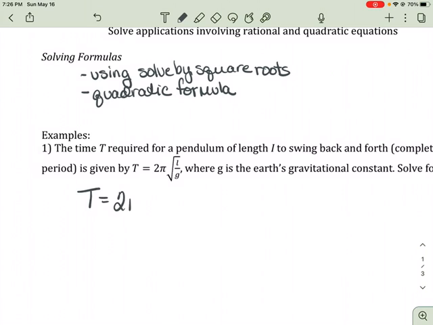So t equals 2 pi square root of L over g. There's a couple of different ways we can start. We could divide by 2 pi, which I think might be the easiest way to go, or square both sides first. I personally like to get the radical by itself, so I'm going to divide both sides by 2 pi.